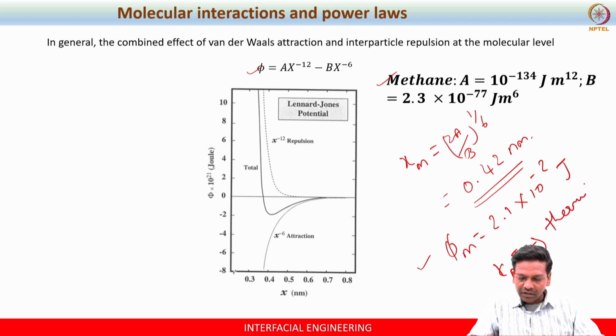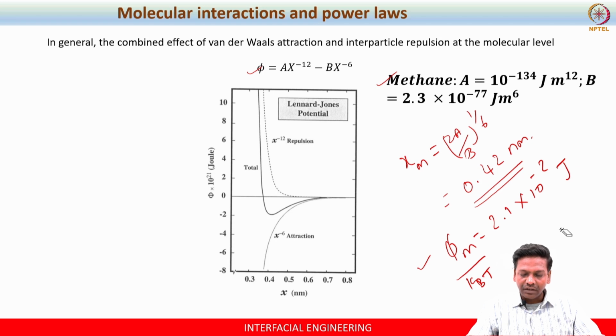When you divide this number by the thermal energy KBT, where KB is 1.38 times 10 power minus 23 joule per Kelvin, multiplied by temperature, you will get a dimensionless quantity.